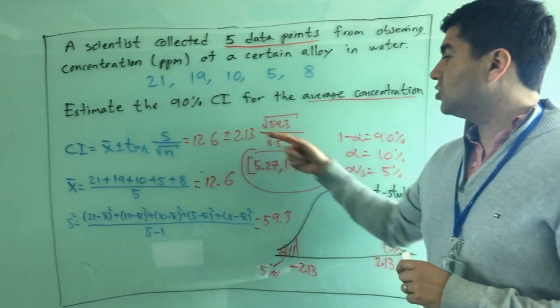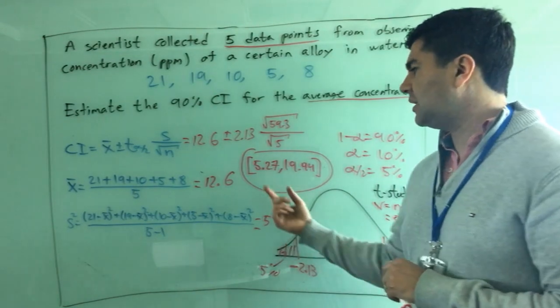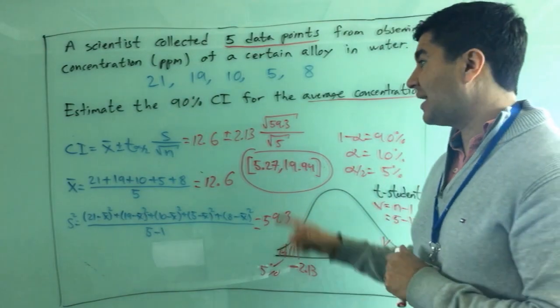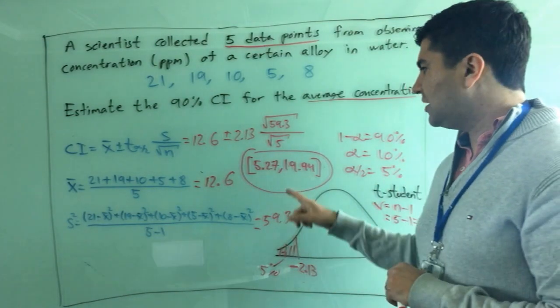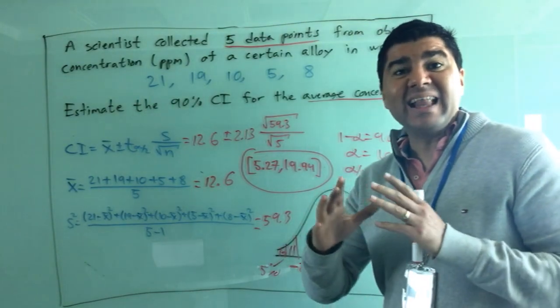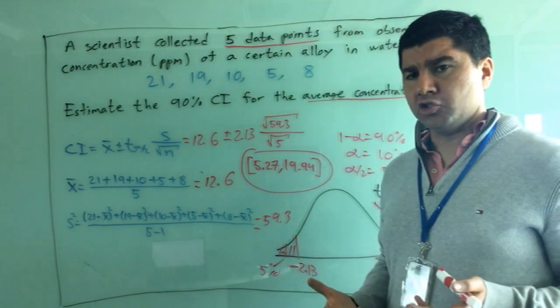After solving this operation with our calculator, we can see that the confidence interval is from 5.27 to 19.94. What we need to see is that in this case, the confidence interval is slightly larger than if we used the standard normal distribution.